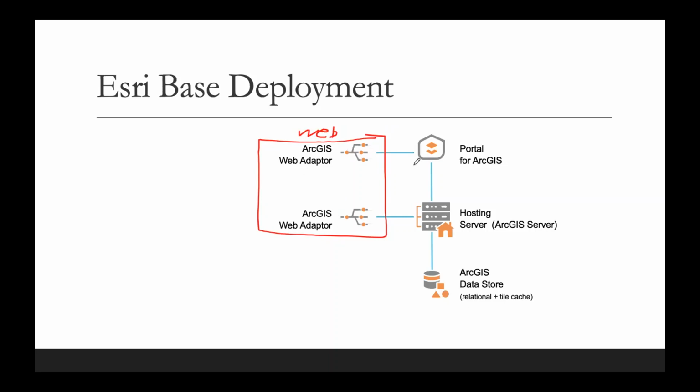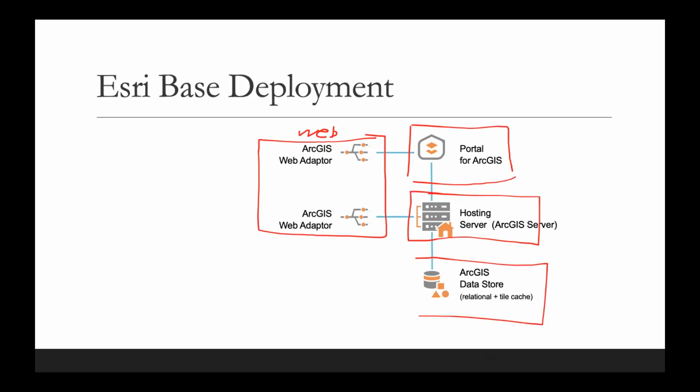All these other components can be on one machine, right? Or they can be on 3 separate machines. And I've found the best way is to have 4 separate machines, one for each one of these different installations. Your data store is essentially a hosted database for Portal.